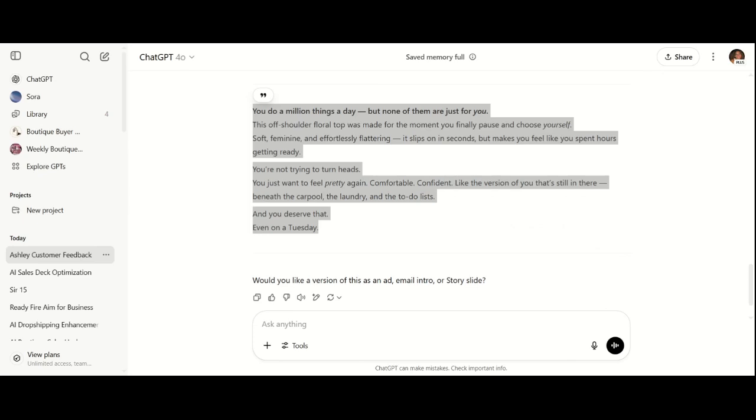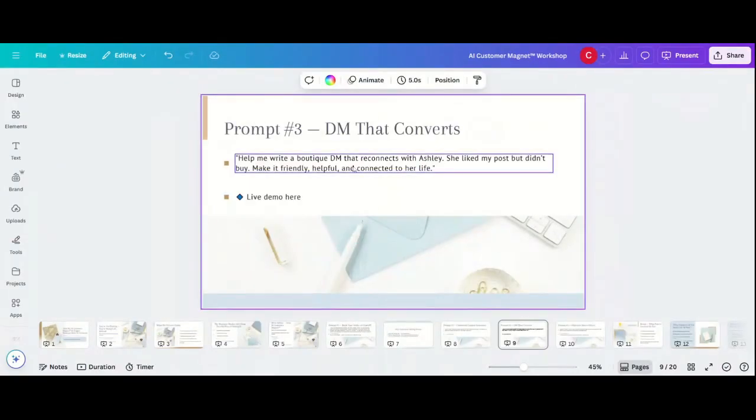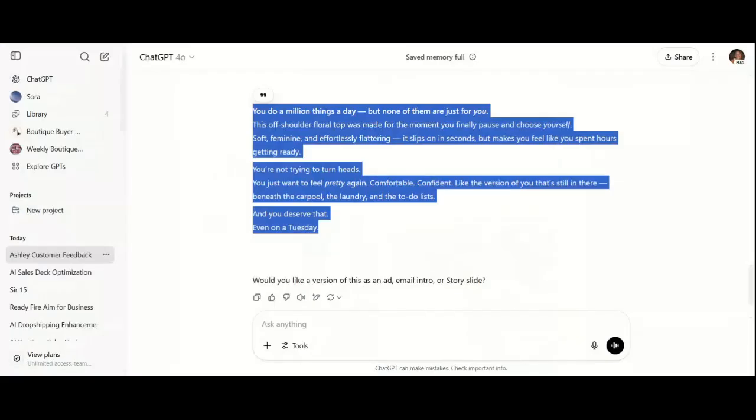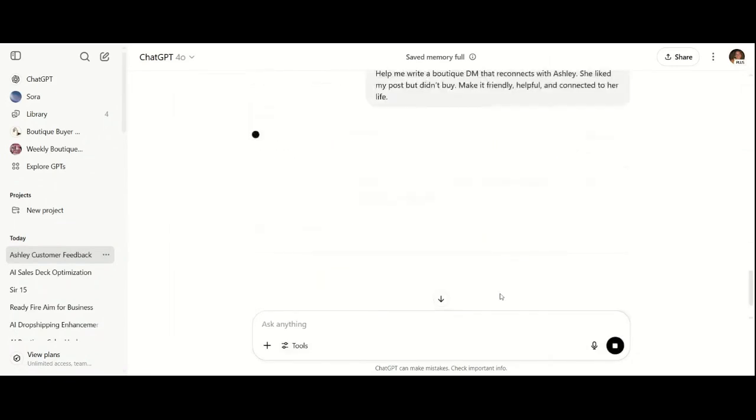All right, sorry guys, I keep forgetting to change my tab. So I'm going to get this prompt and put it into ChatGPT. And notice I'm using the same chat. You don't have to keep starting new ones. So I'm just pasting that in there. All right, I'm going to hit go.